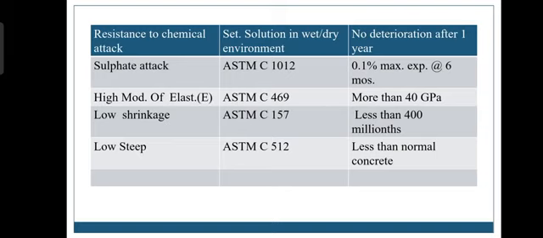For sulfate attack, the ASTM C1012 test is performed. For high modulus of elasticity, the ASTM C469 test is performed. For low shrinkage, the ASTM C157 test is performed. For low creep, the ASTM C512 test is performed. Let's move on to the next slide.